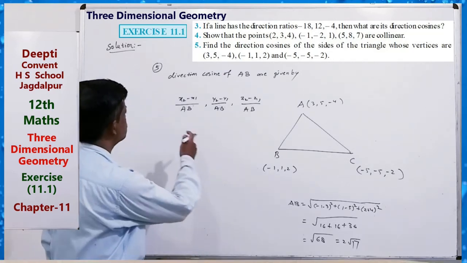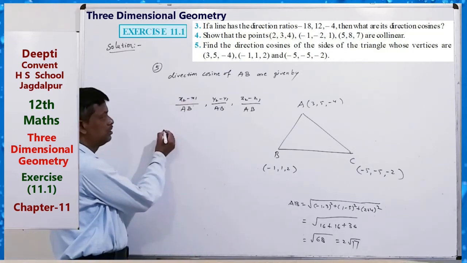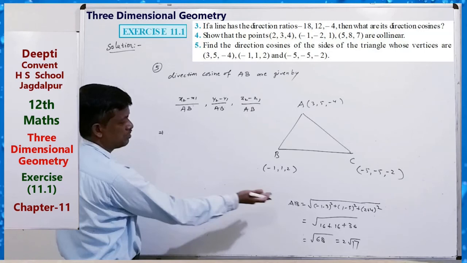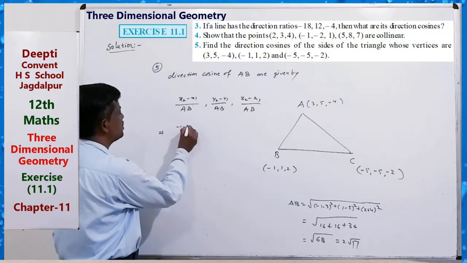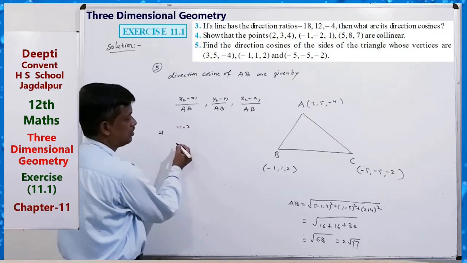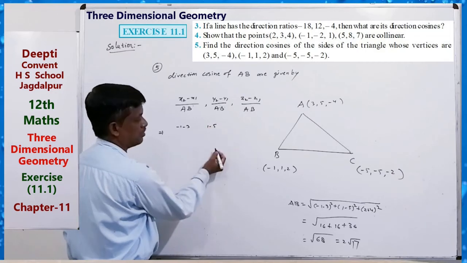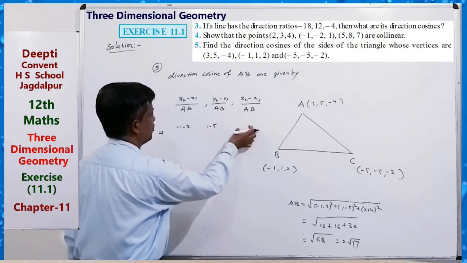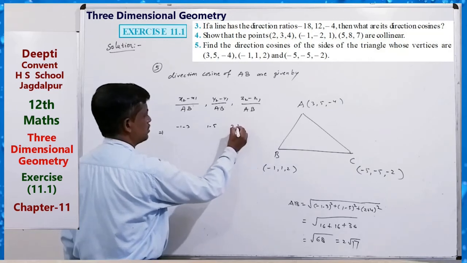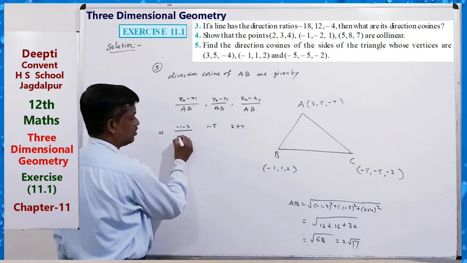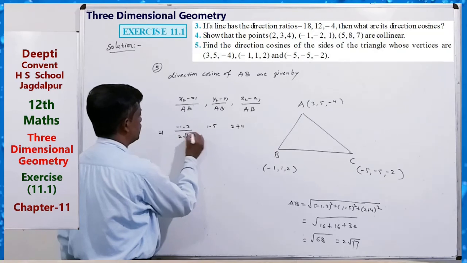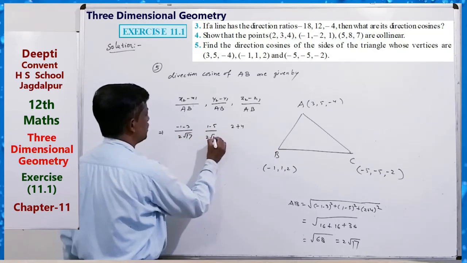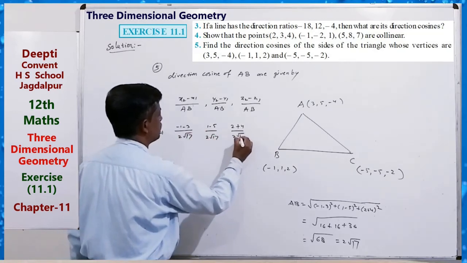Now x2 minus x1 is -1 minus 3, 1 minus 5, and 2 plus 4, upon 2 root 17.